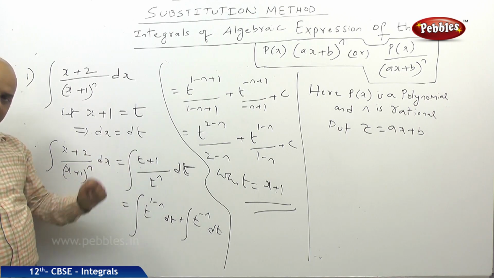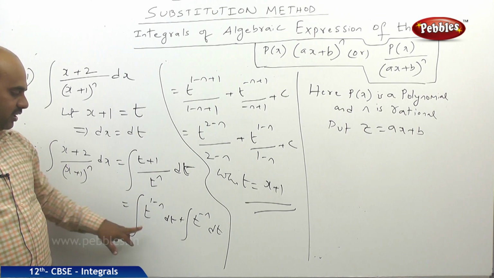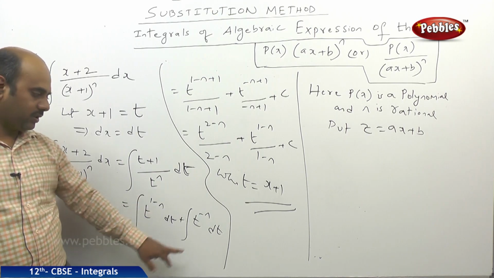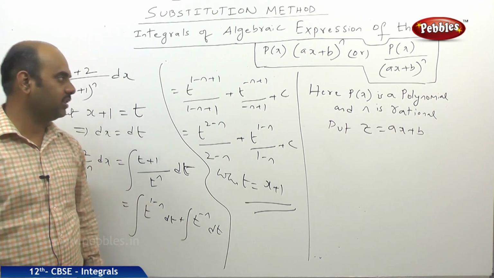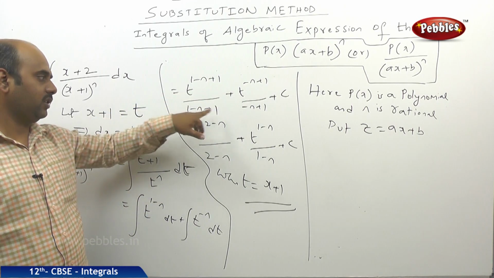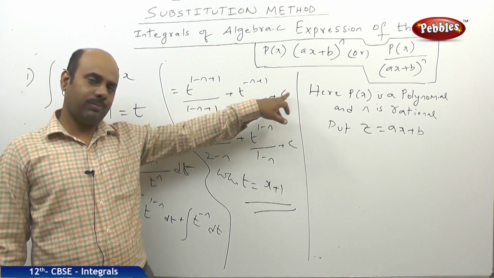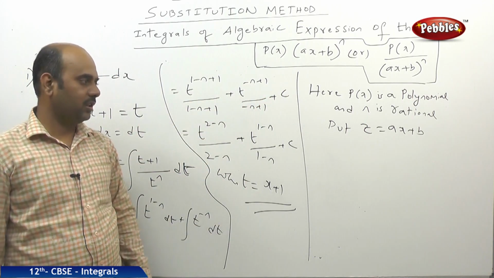So x plus 1 is nothing but t, so I will write t plus 1 by t power n dt. So integral of t power 1 minus n dt plus integral of t power minus n dt. So t power 1 minus n plus 1 by 1 minus n plus 1 and t power minus n plus 1 by minus n plus 1 plus c.